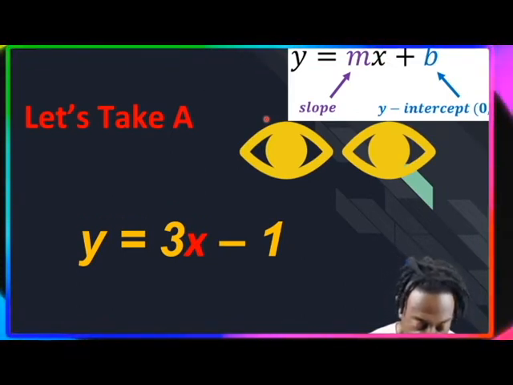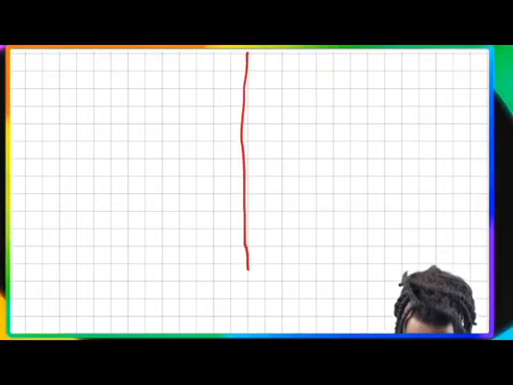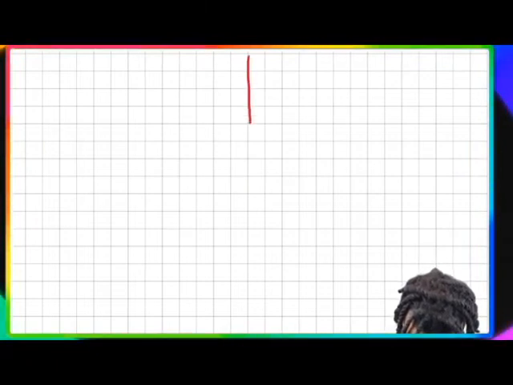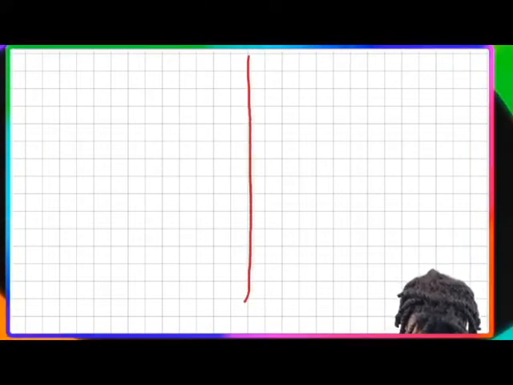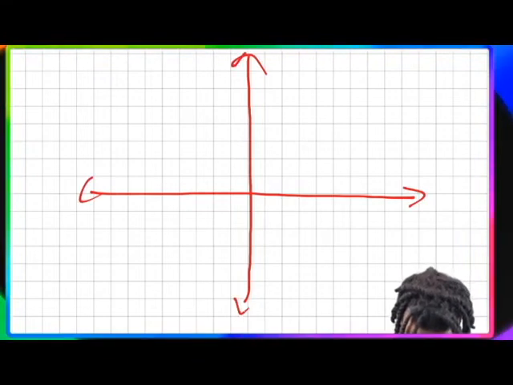All right, let's go to a graph. Let's do a large one. We draw our axes. There's our x. Make sure you draw your arrows.